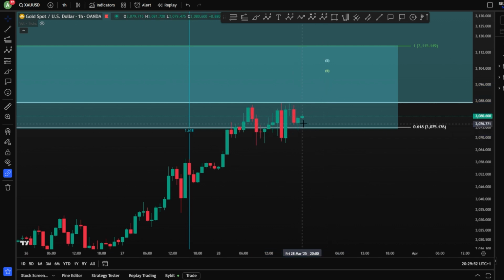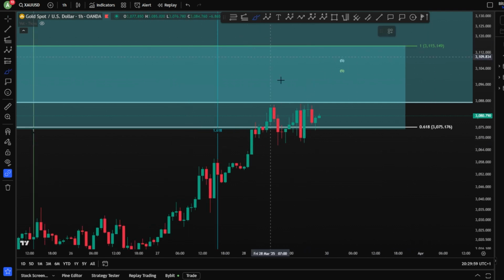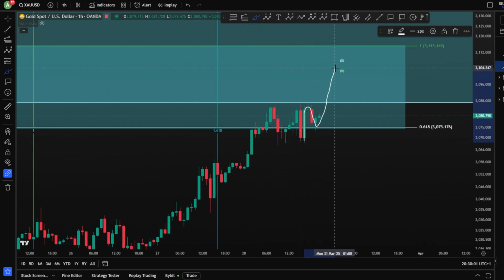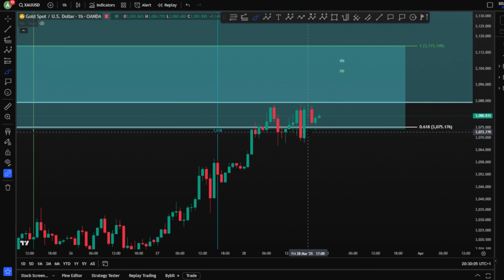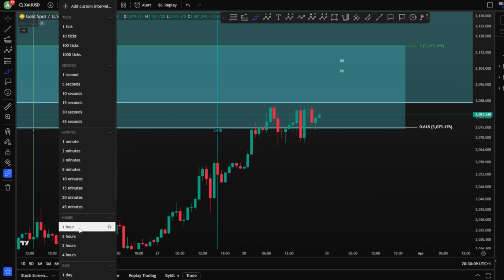So these are the scenarios, guys. The maximum target that we can potentially reach is 3100, because if this is a wave 1 here, 2, 3, 4, and a 5, this is your impulse that might finish around 3,100. Then we take it from there.